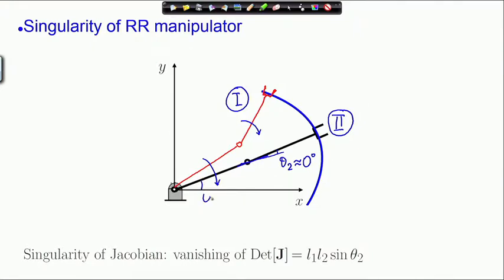So, this is theta 1 measured from the x axis, and theta 2 is the angle made by the second link with respect to the first link.